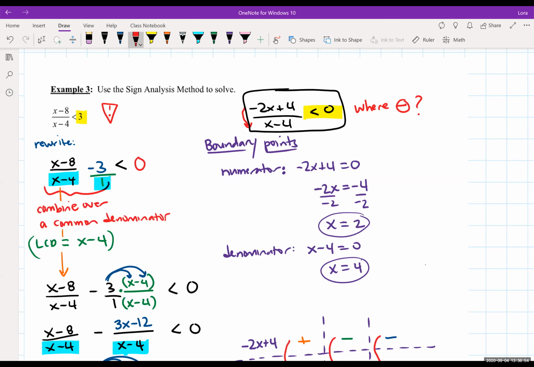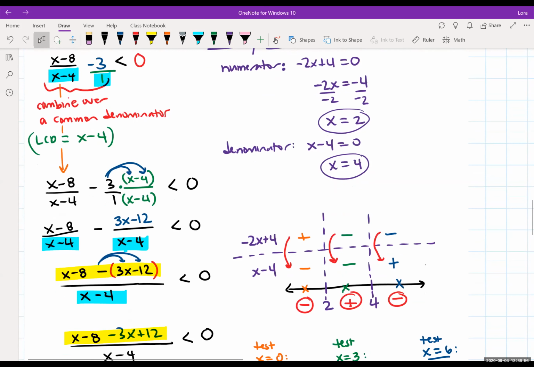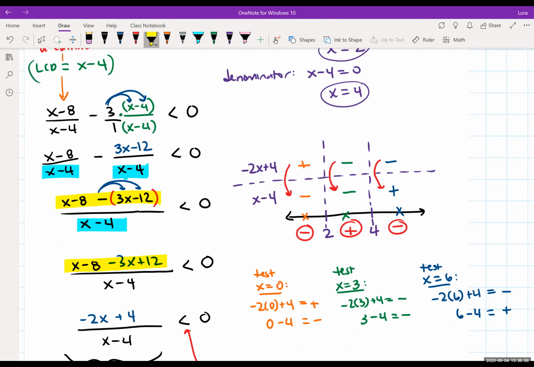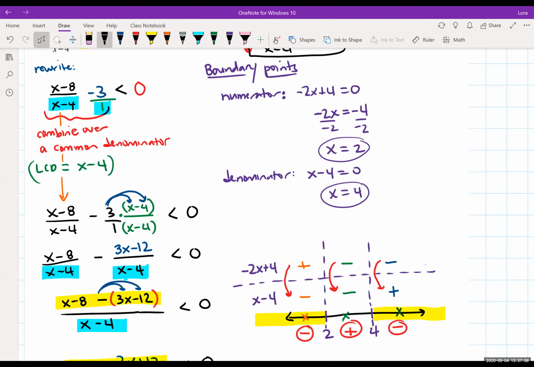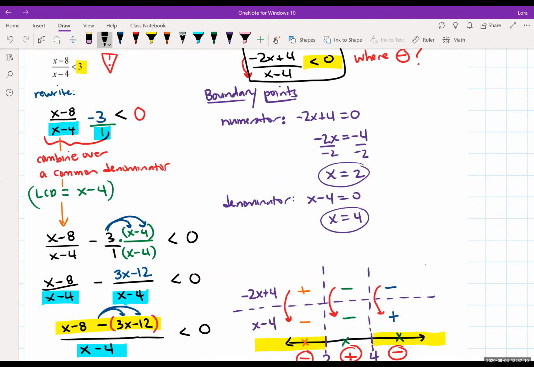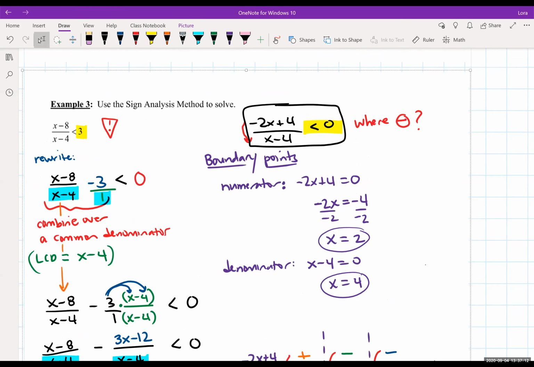So we're going to go back and view our signs, and we notice we actually have a negative region on the left and on the right. So now, if you're ready, we'll take our inequality and write our solutions.